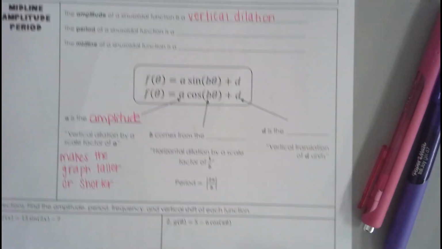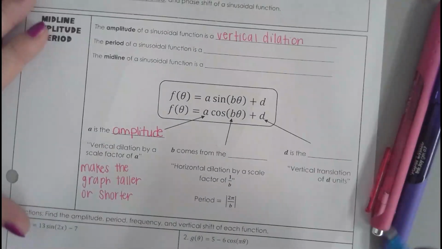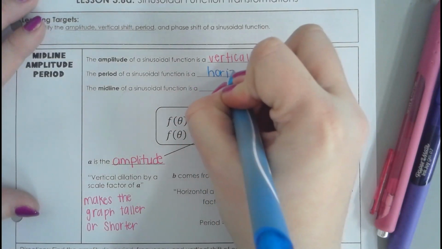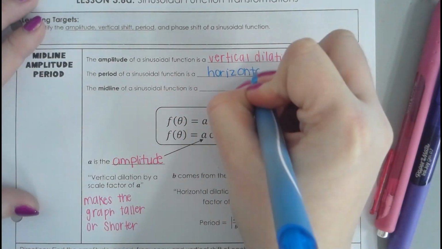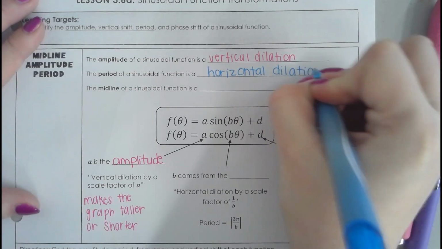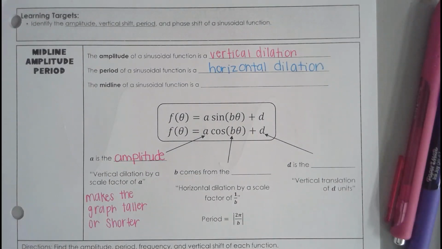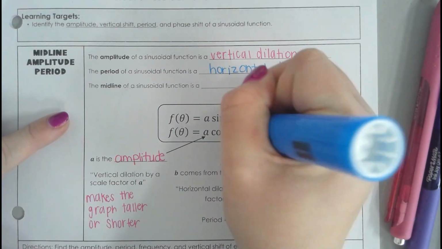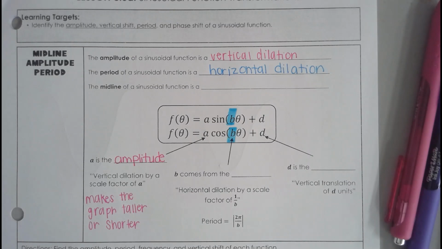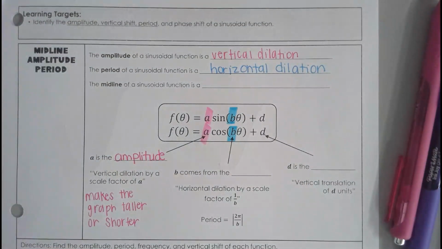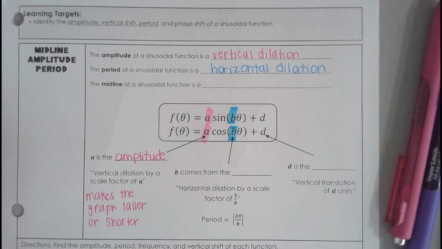Functions, it's a horizontal dilation. Now, B itself is not your period.